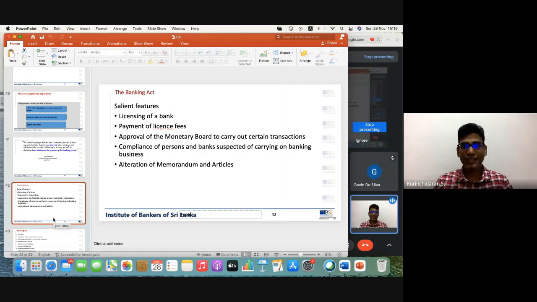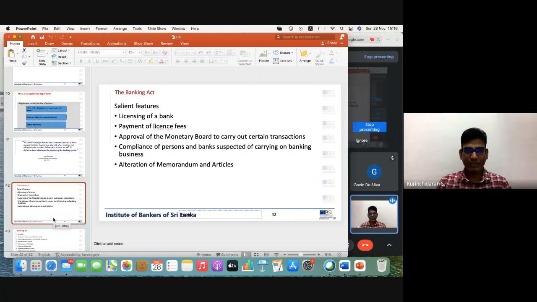It defined the basic functions, the monetary mechanisms and any other requirements for banks. So the Banking Act is the key act that gives you a regulatory framework within which the banks can function their business.